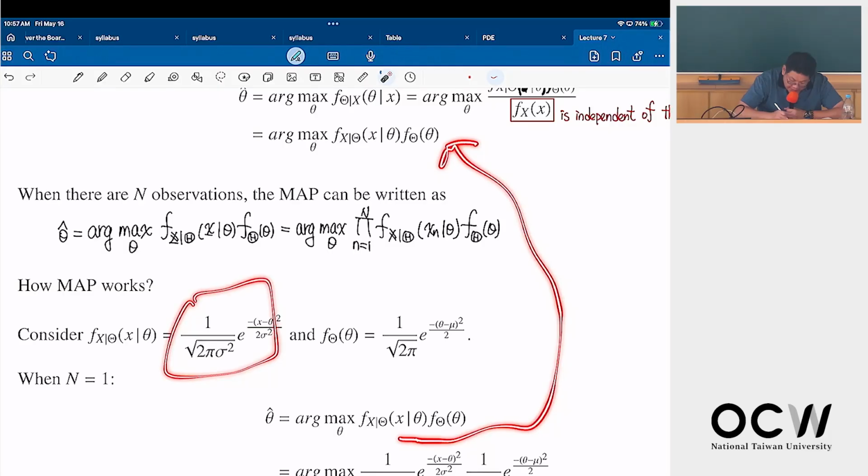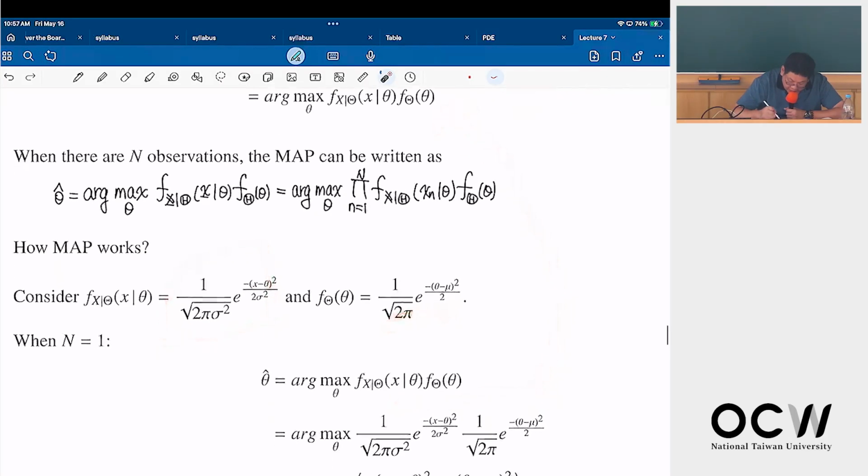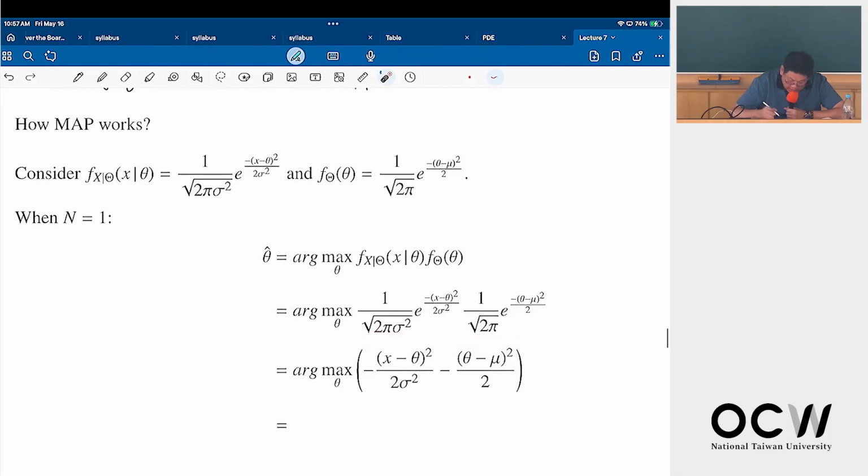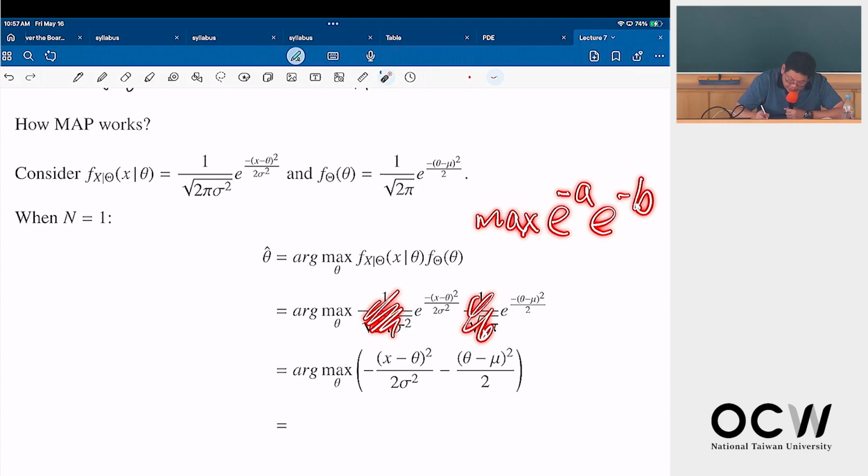If we assume that they are Gaussian, this is a Gaussian times a Gaussian, so this part we can ignore. Maximize e to the minus a times e to the minus b, then we maximize minus a minus b.